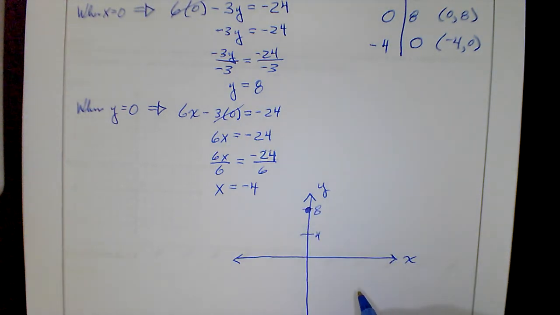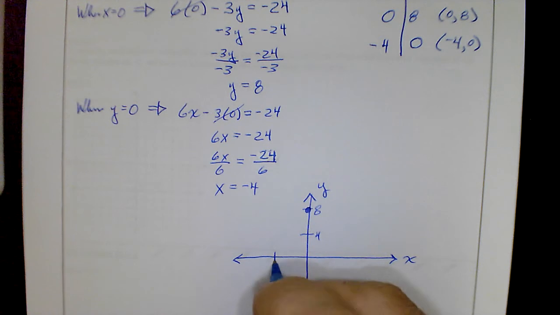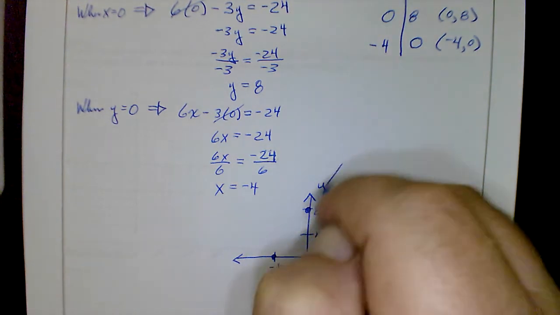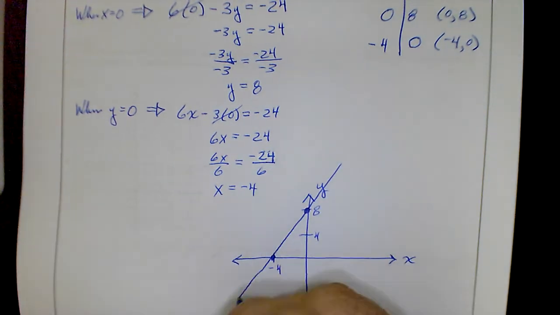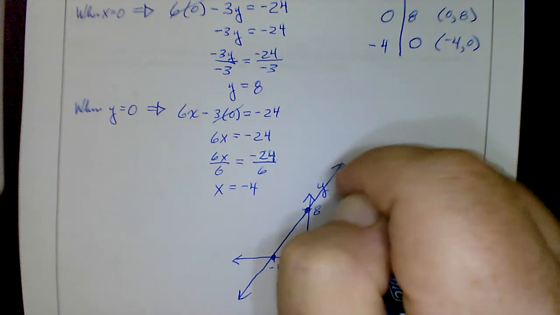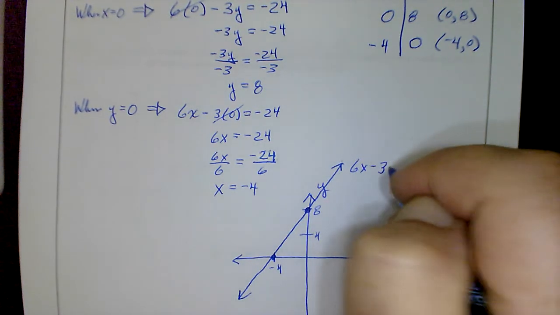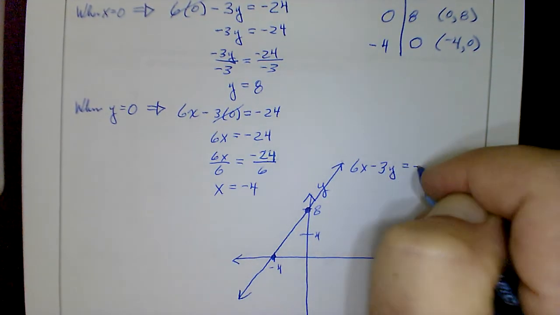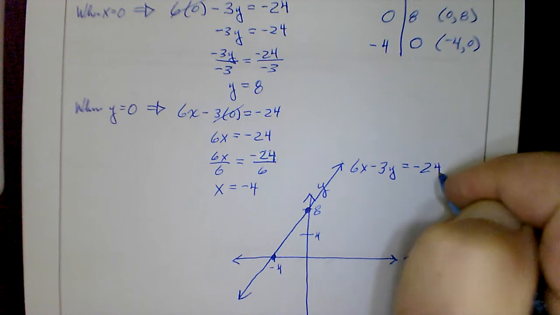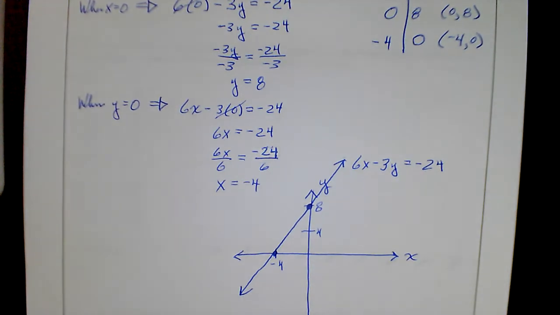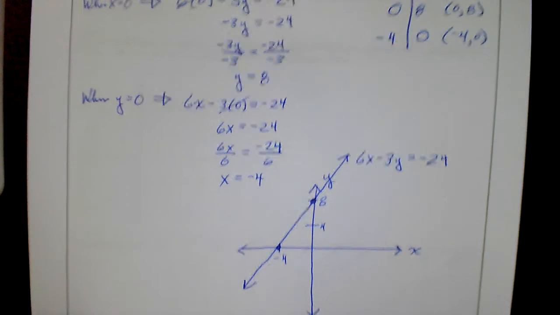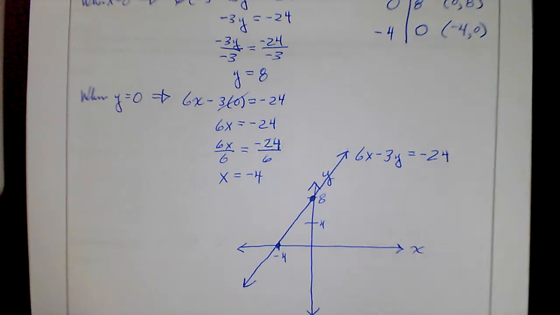And then -4 and 0. So -4 I'll say is there, and here's my line. And typically, although in my math lab you're not able to do this, but typically we would write the equation of the line next to the line on the graph. Okay, so that's graphing by the intercept method.